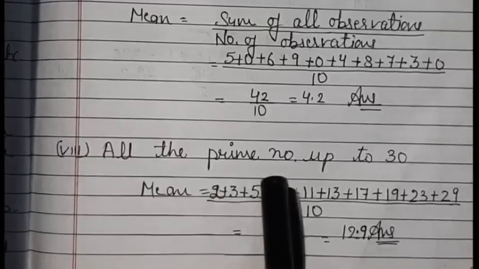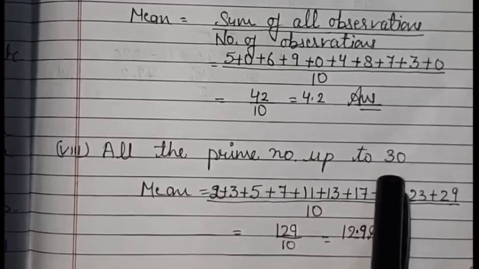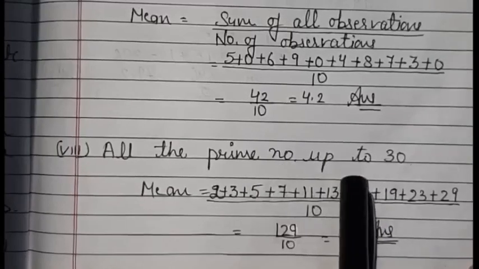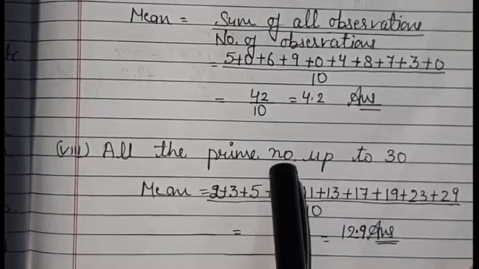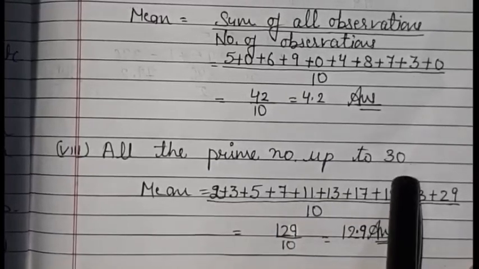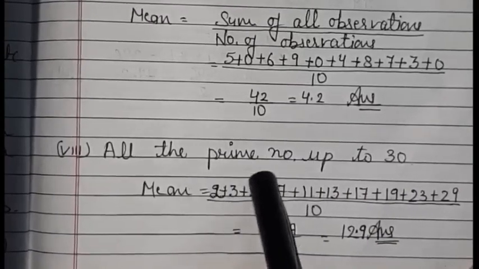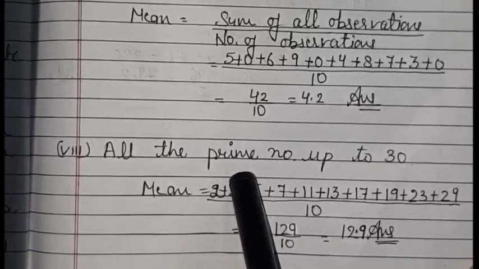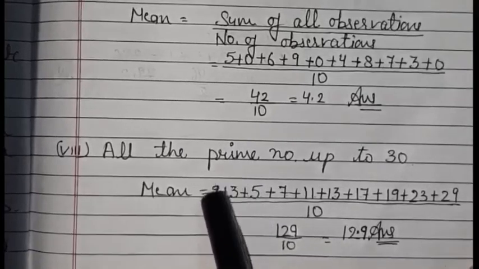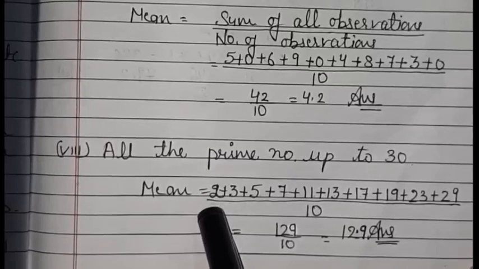Now come to the 8th part, that is all the prime numbers up to 30. So we have to calculate the mean of all the prime numbers up to 30. First write the formula and then put all the prime numbers up to 30. Prime numbers are those which are divisible by 1 and the number itself. Prime numbers start with 2, and 2 is the only prime number which is even, right?